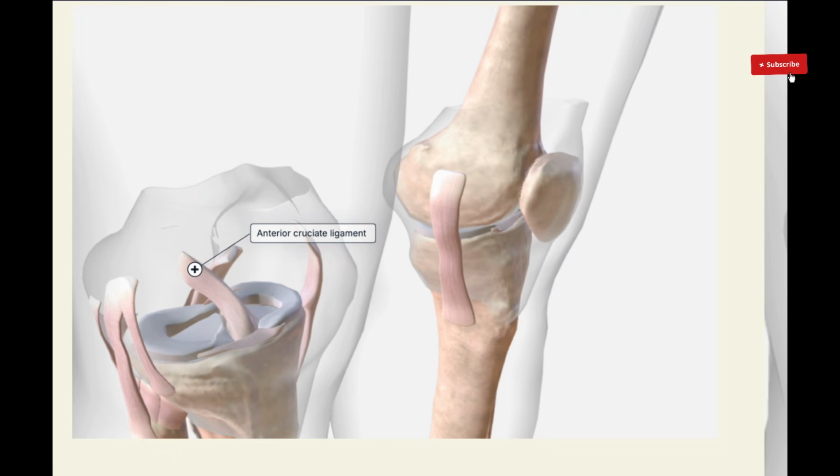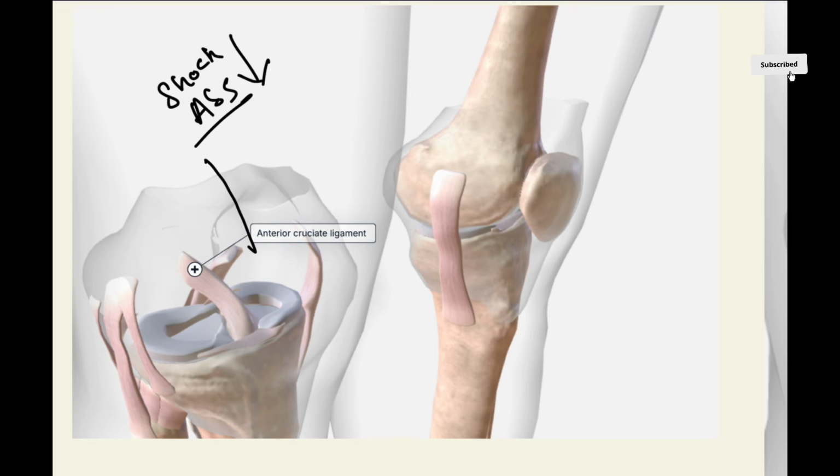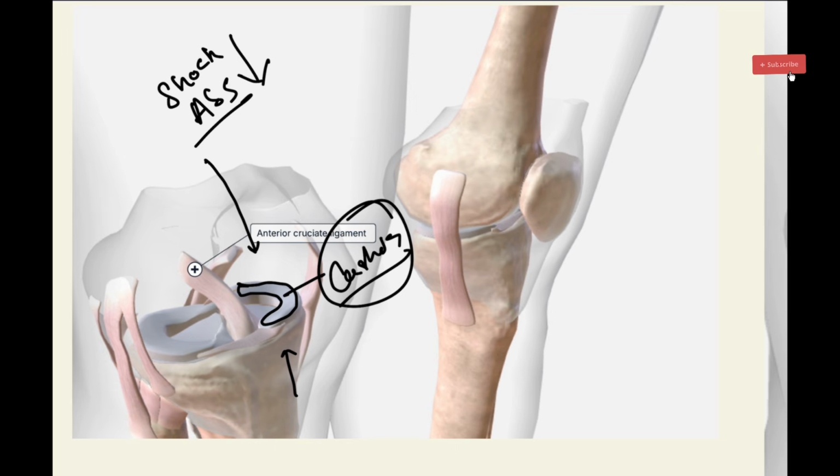So what is the function of the meniscus? They help in shock absorption. They reduce the force coming from the body above and work almost like a cushion for the knee joint, a soft area that allows beautiful movement and rotation in the knee joint.